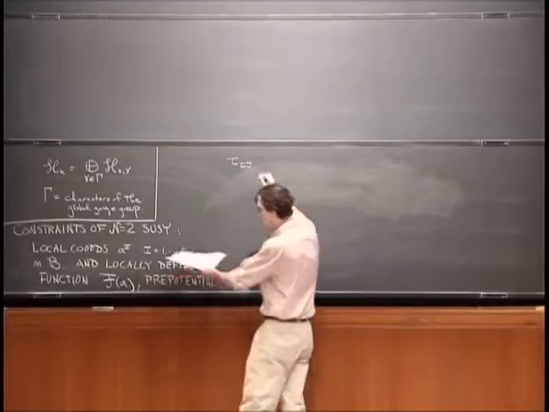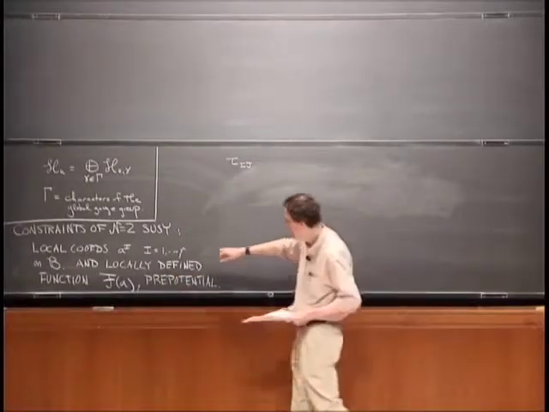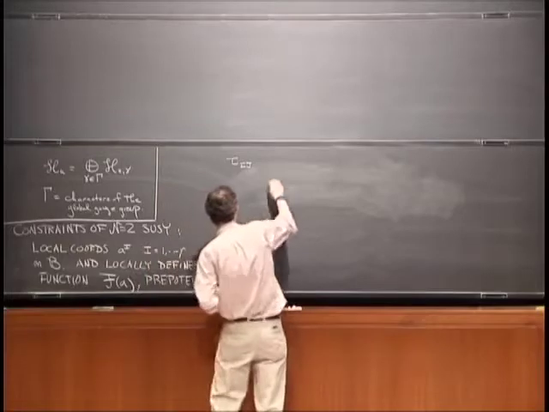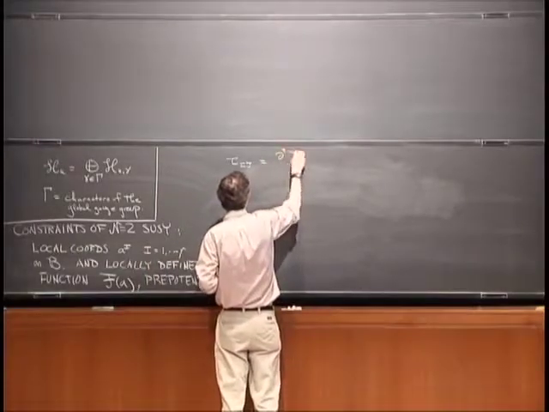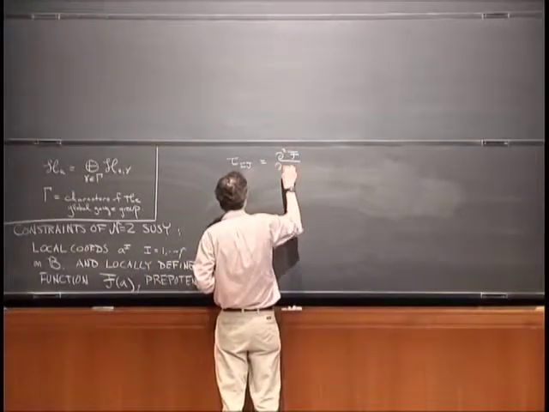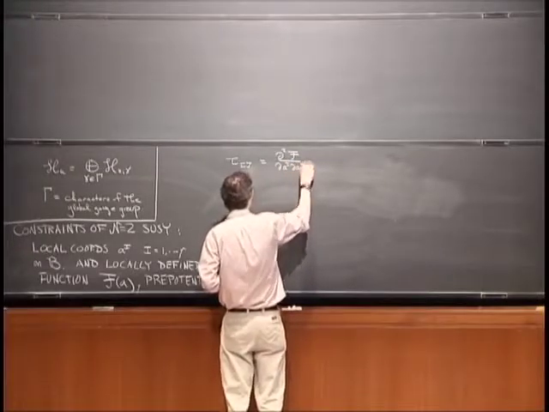So I've basically made a choice of duality frame in order to write the local coordinates, and then tau_ij is d squared F by da_i da_j.